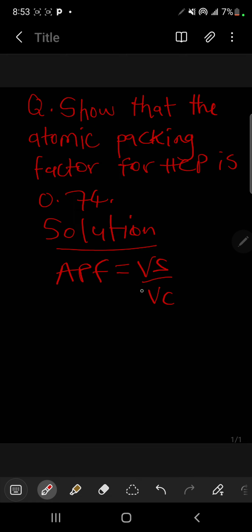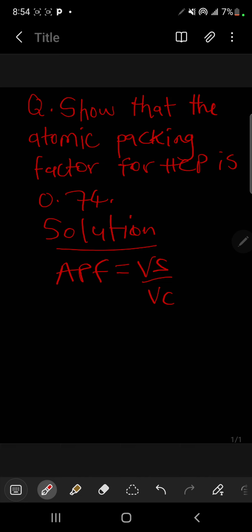Vc is the total volume of that unit cell. In other words, atomic packing factor is a ratio of the volume of atoms that you actually have in that unit cell compared to the total unit cell volume. So with that said, we need to know what Vs is and Vc is.